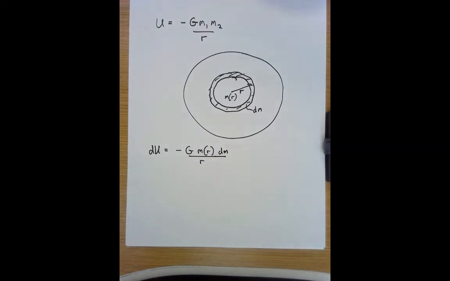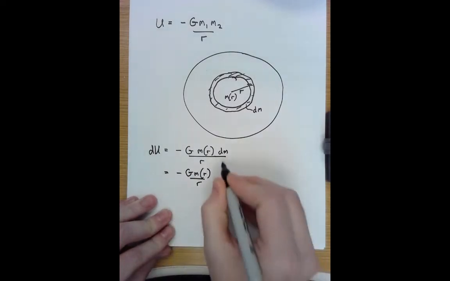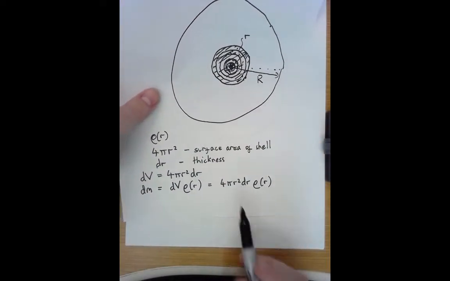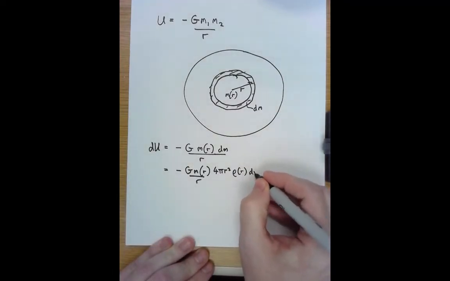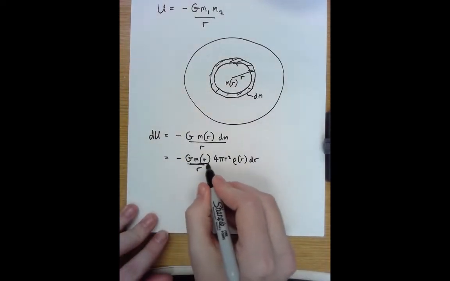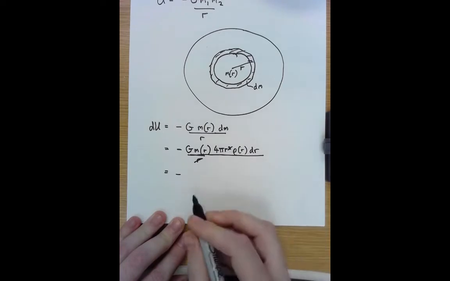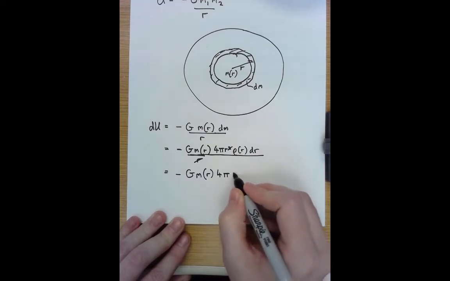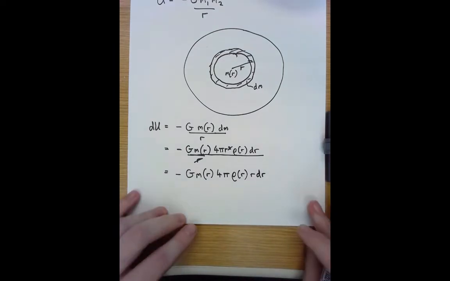So we can substitute in here: dm is 4 pi r squared rho of r times dr. So let's do that. 4 pi r squared rho of r dr. And this is equal to, the r here cancels the r on top, so this is equal to G m of r 4 pi rho of r times r dr. This is the r that's left over after the cancellation.